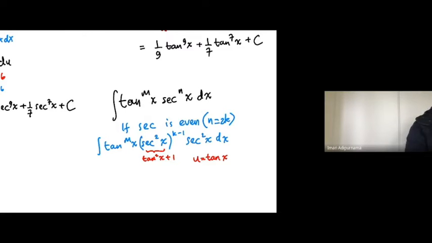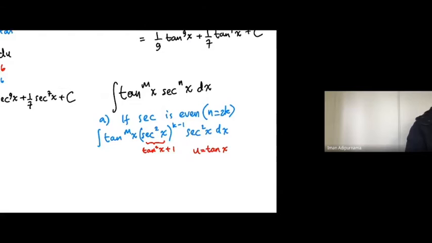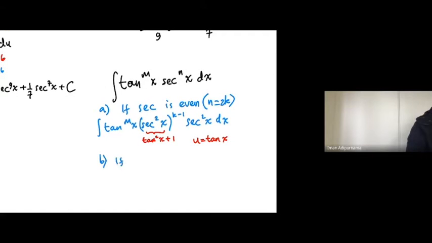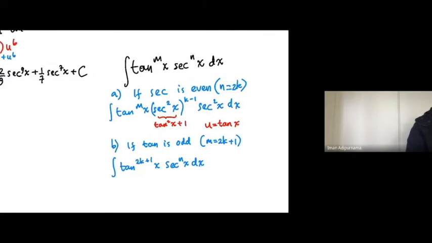And for b, if tangent is odd. So tangent^(2k+1) x, and it's secant^n x dx. Let me write below.